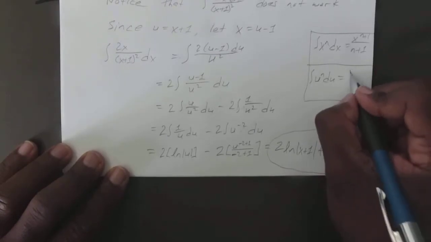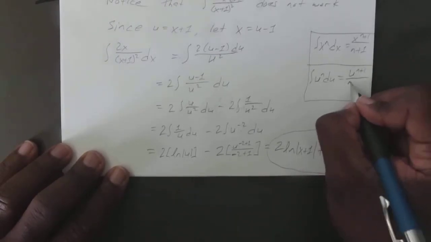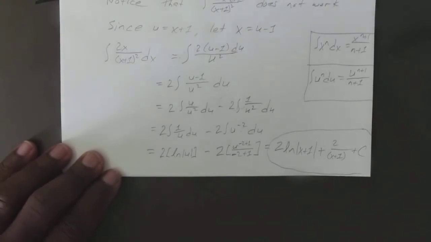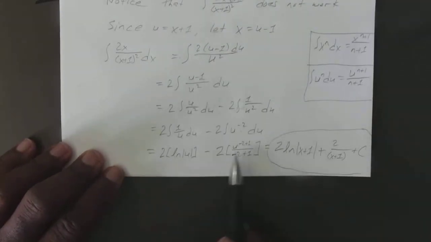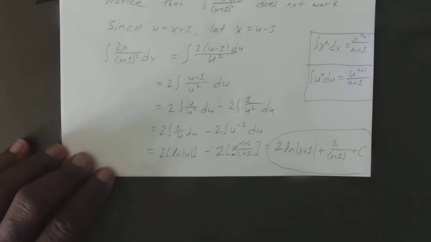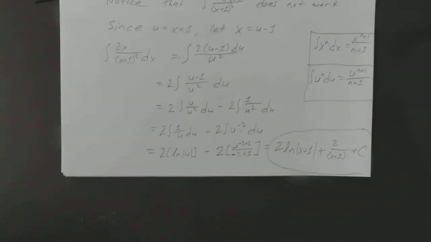Integrating u to the n du is just u to the n plus 1 over n plus 1. In this case, negative 2 plus 1 over negative 2 plus 1 just gave us a negative denominator, so you had u to the negative 1 over negative 1. I just don't know that I've ever seen that form, but it's the same process.